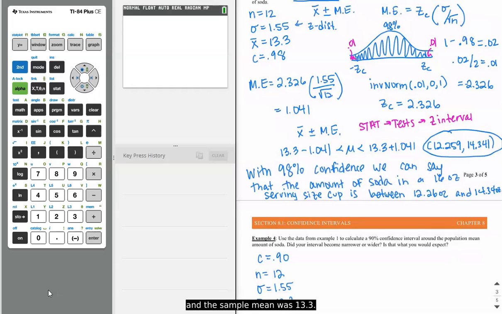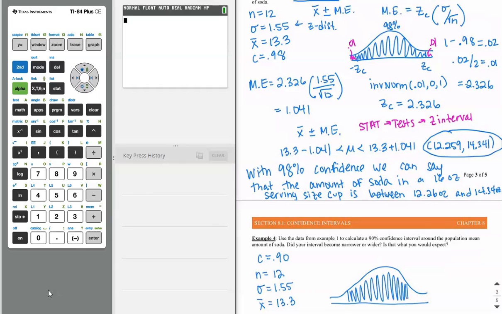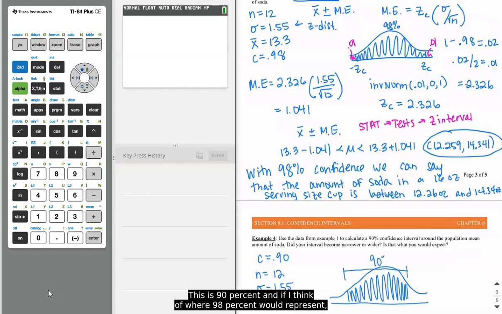Okay. So if I just drew a picture, maybe 90% would be here. So this is 90%. And 98% would be more of the curve, so maybe it's all of this now.